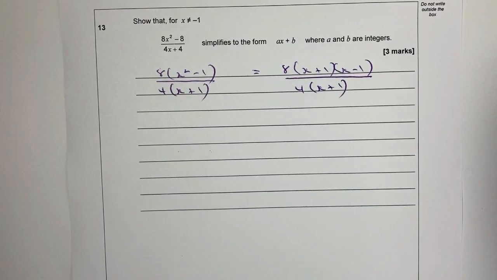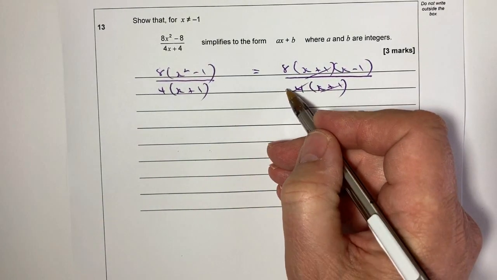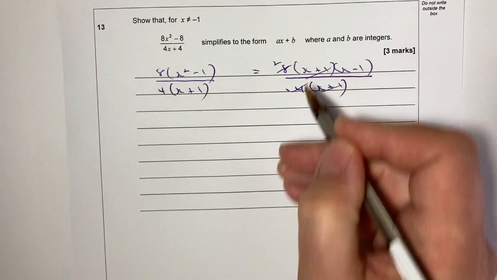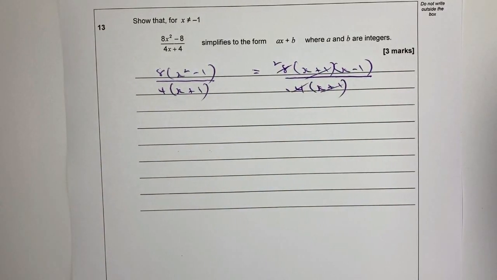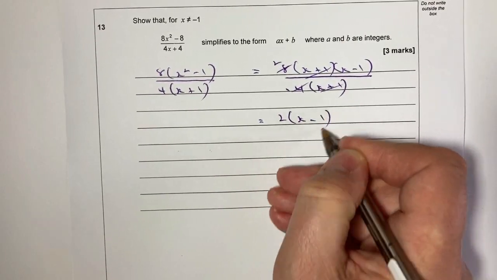And then really it's a case of just cancelling out in order to put it into the form of ax plus b. So the first thing I can do is cancel out the x plus 1, the two x plus 1s, and then if I divide top and bottom by 4, I can make that 1 and make that 2. So what I end up with is 2 times x minus 1.